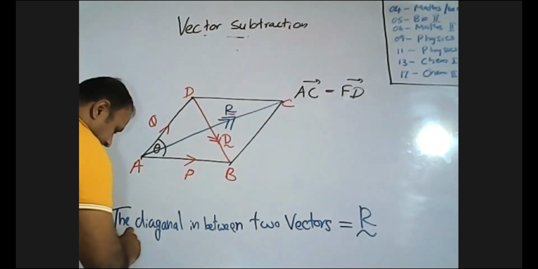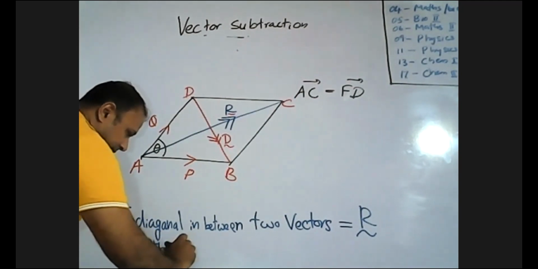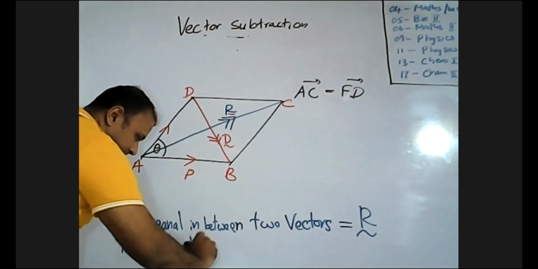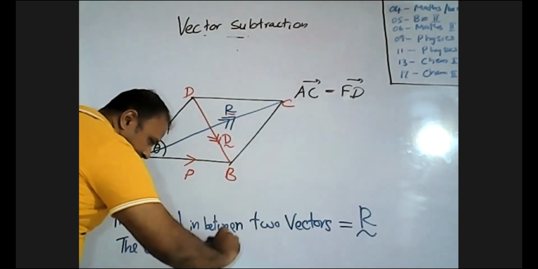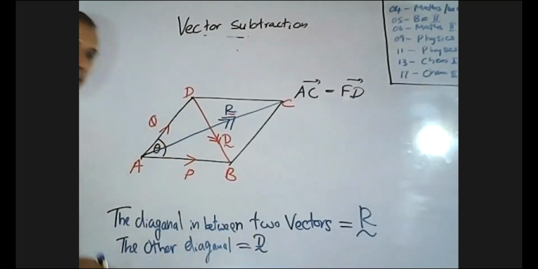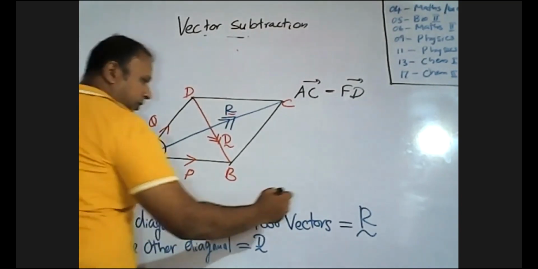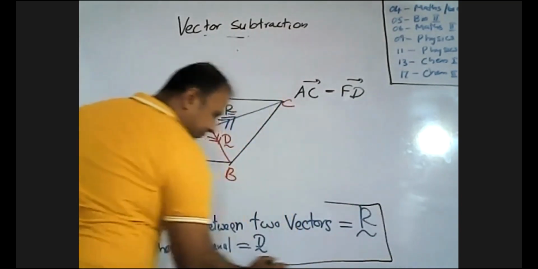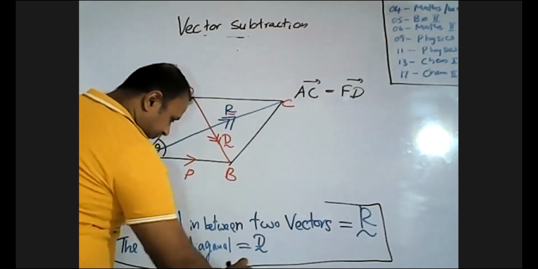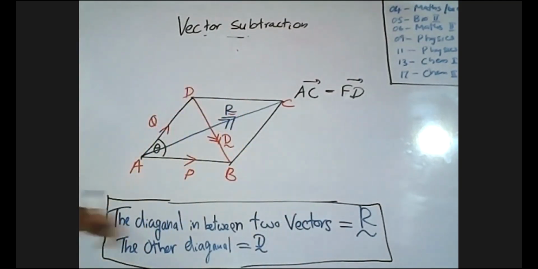And the other diagonal gives the difference vector. This is the end result.